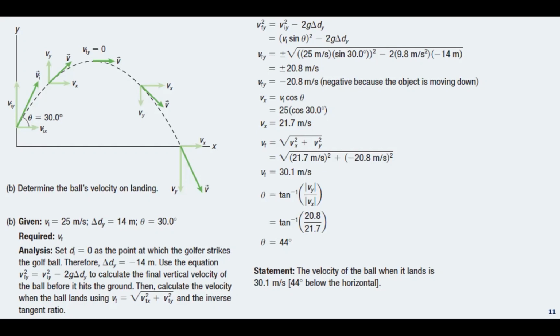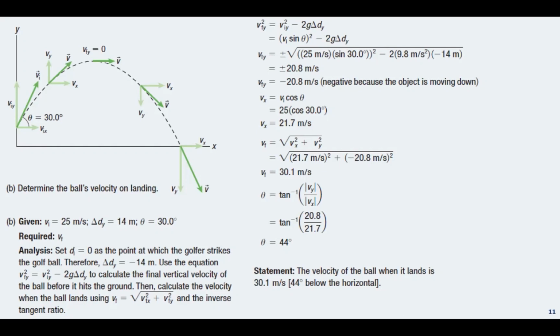Put all the values in, then we have vfy is either positive or negative 20.8 meters per second. We have to choose a negative number because the object is moving down, which is opposite to the positive direction along the y-axis you choose, right?